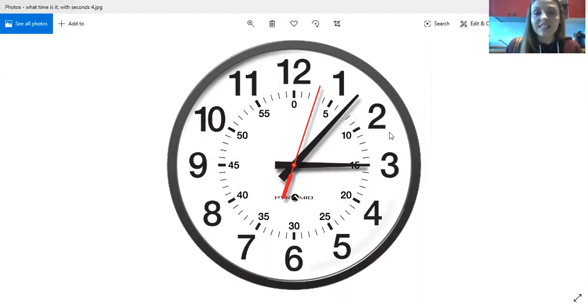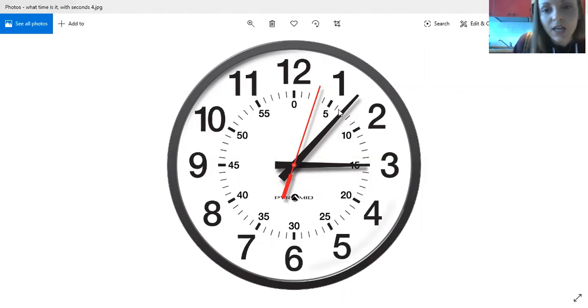Okay, so let's see what time it is. What time do you think it is? Okay, so in this case, if you look very, very well at the picture, you will see little lines between 1 and 5. Those count the minutes.